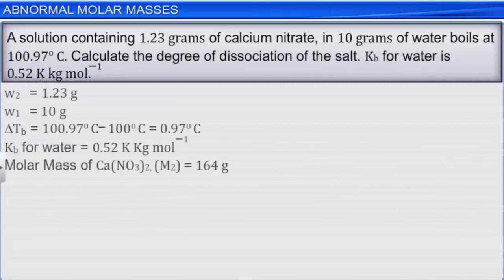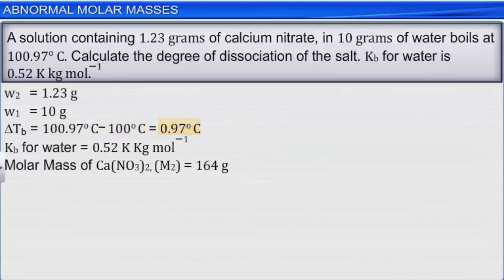The first step is to list the given variables. W2 is equal to 1.23 grams. W1 is equal to 10 grams. Delta Tb is equal to 100.97 degrees centigrade minus 100 degrees centigrade, which is equal to 0.97 degrees centigrade.